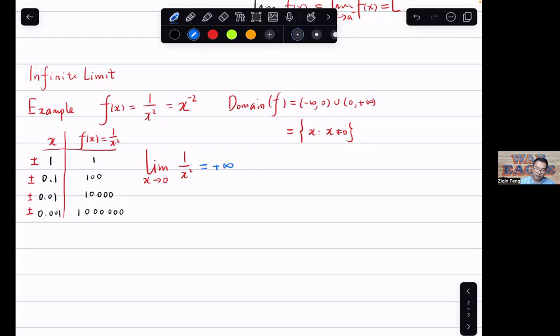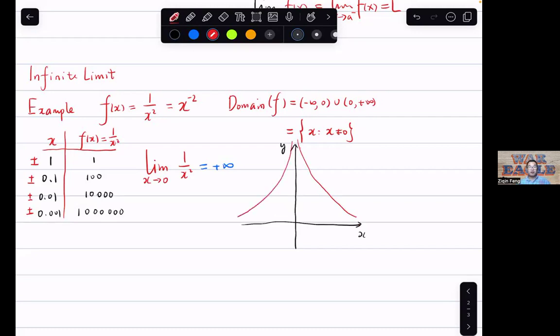Right? If you try to confirm it, look at the graph, right? The graph of this function looks like this. So this is our x, y. If you try to sketch the graph of this function, it's getting closer and closer to the y-axis, right? As x goes to 0 on the right side, and same thing happens as x goes to 0 on the left side.